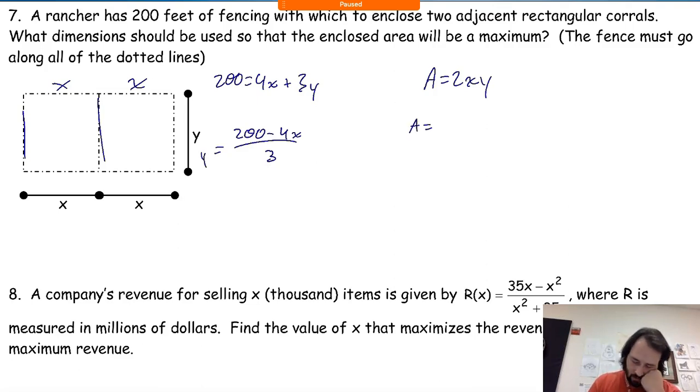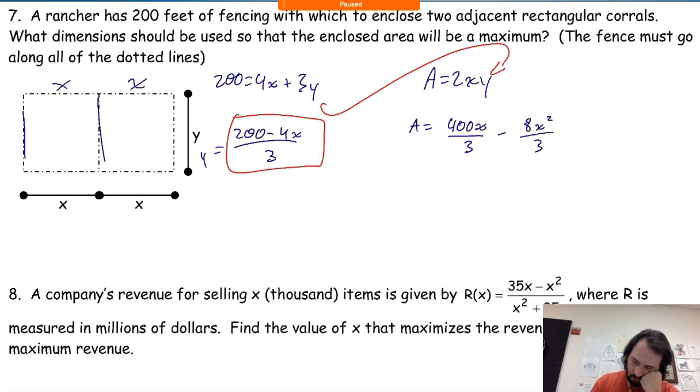So A is 400x over 3 minus 8x squared over 3. That's putting this in for y and then multiplying things together. So 2x times 200 will be 400x, and 2x times negative 4x will be negative 8x squared.